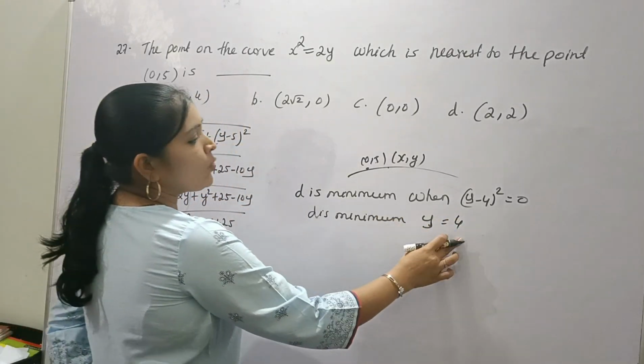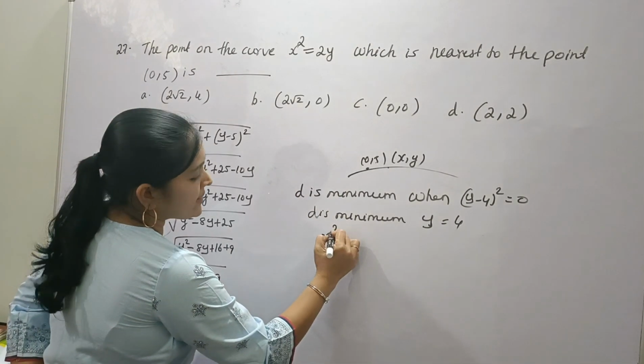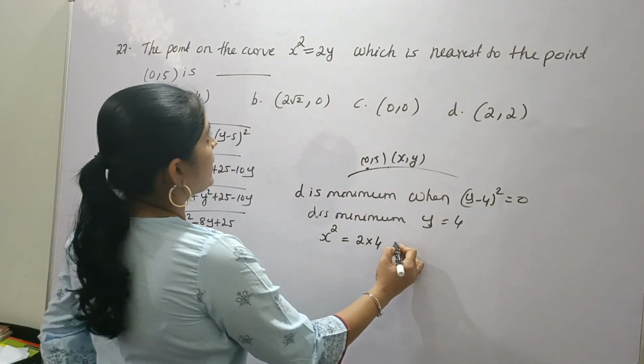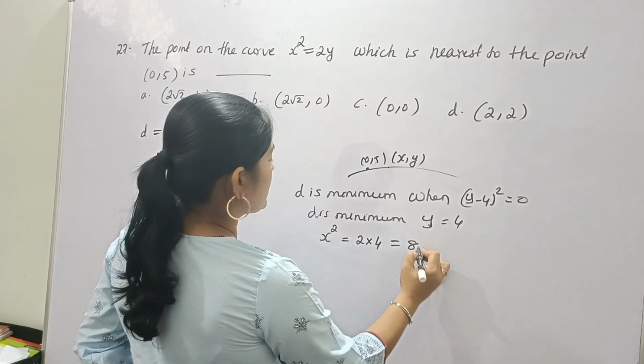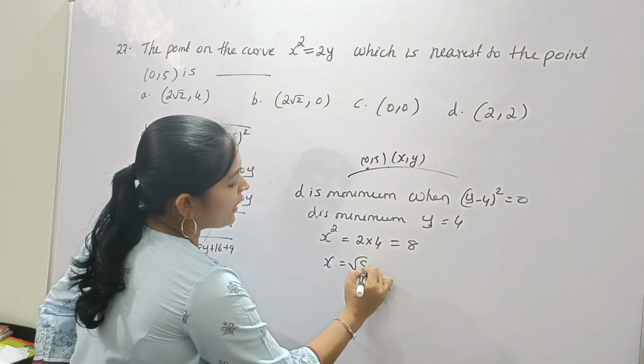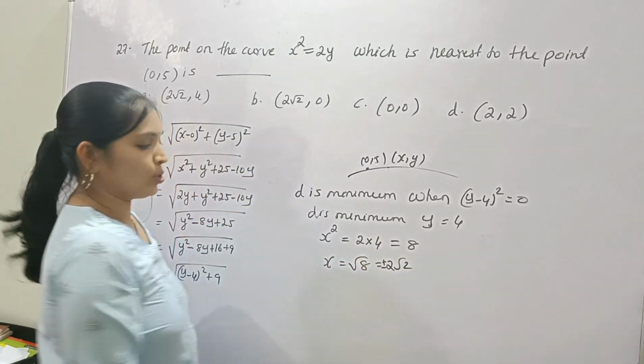So when y is equal to 4, substitute y is equal to 4 here. X square is equal to 2 into 4, that is 8. So x is equal to root 8, that is equal to plus or minus 2 root 2.